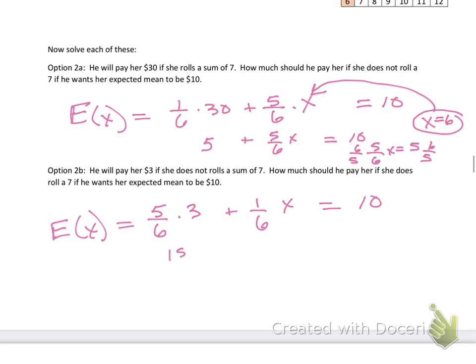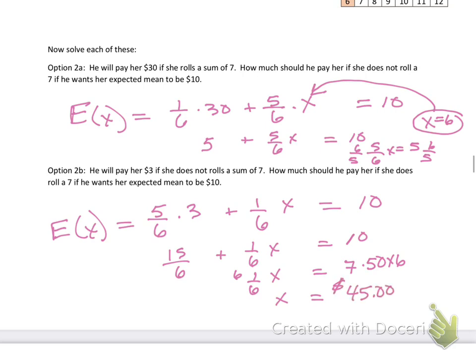So this is 15 over 6 plus 1/6 x equals 10. 15 over 6 is 2.50. So 1/6 x equals $10 minus 2.50, which is 7.50. Multiply that by 6 and I get that x is going to be $45.